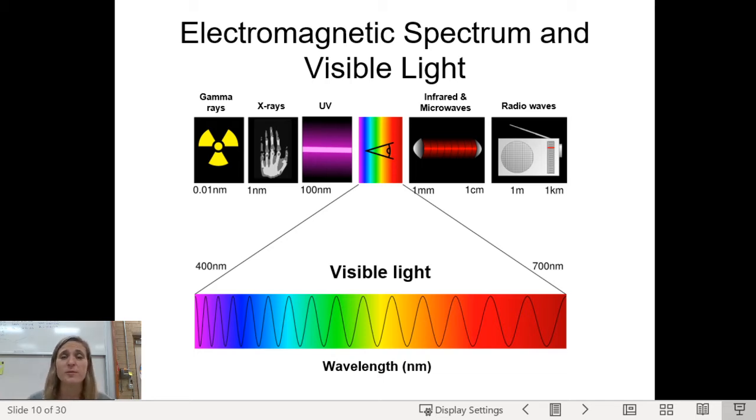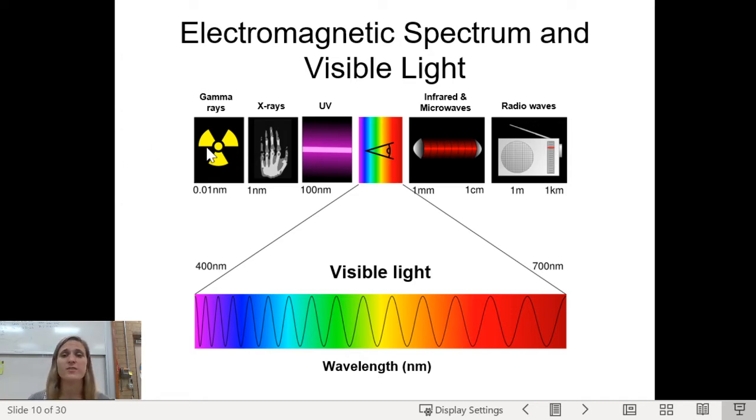You would probably like to pause right now and go insert a picture of the electromagnetic spectrum, okay? It may not look exactly like this, but it may look somewhat like this. The electromagnetic spectrum is a spectrum of waves, basically.